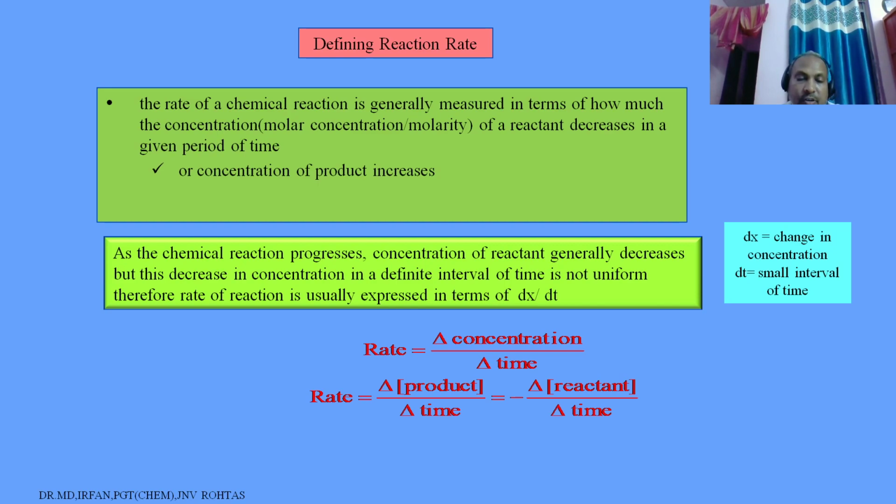Since the concentration of product increases, the plus sign is used. Thus, rate is equal to change in concentration of product divided by time interval. Similarly, with respect to reactant, since its concentration decreases, the negative sign is used. Thus, rate is equal to minus change in concentration upon time interval.